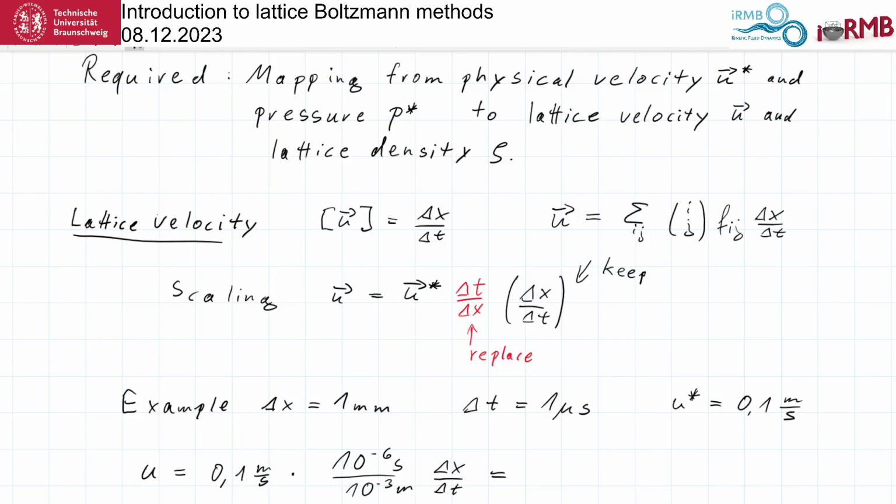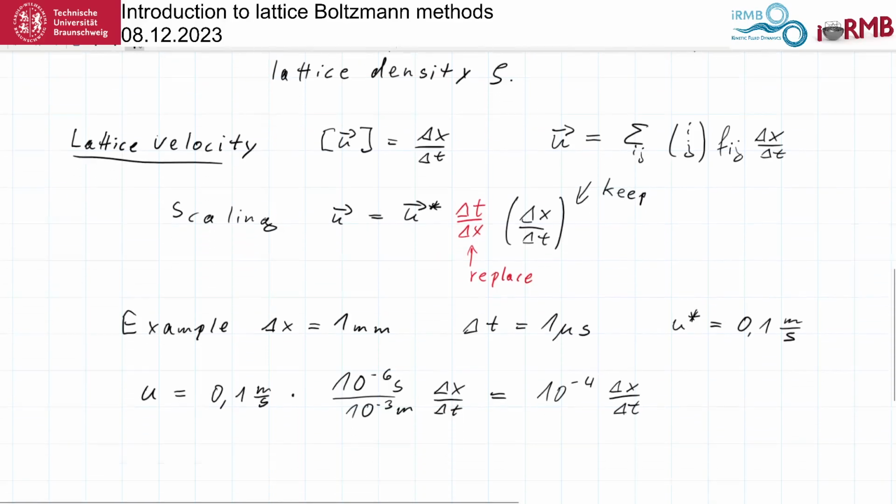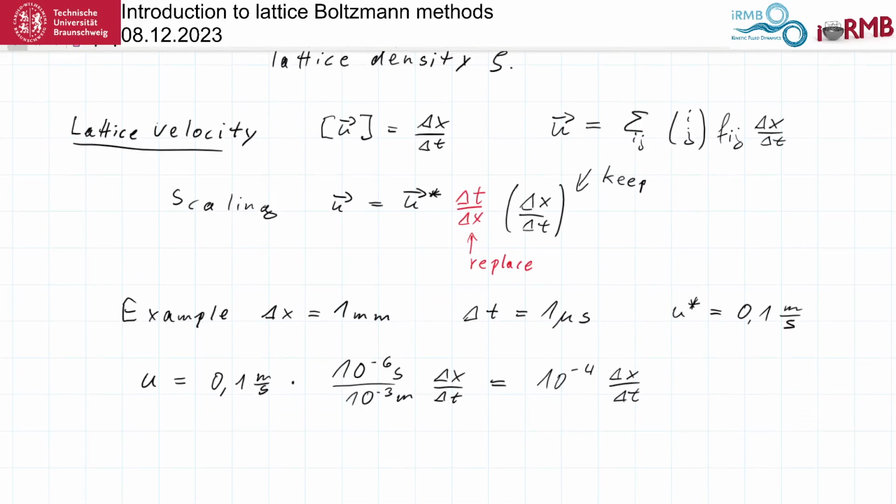And so this is 10 to the power of minus 3, and then there is 1 here. So we end up with 10 to the power of minus 4 delta x by delta t. Not so difficult. So this is how we translate from physical units to lattice units.